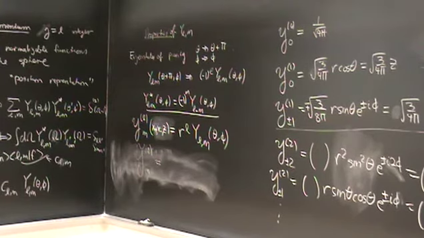So I want to return to where this detour came from. We've been talking about the quantum mechanics of motion in space, for r and n greater than 1.